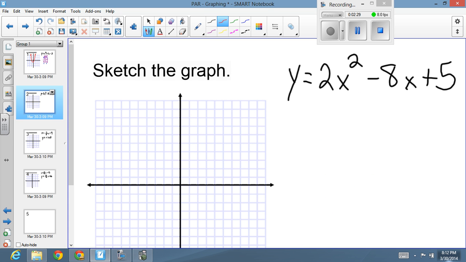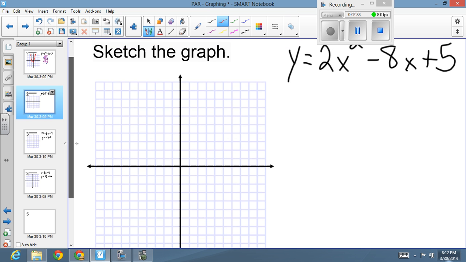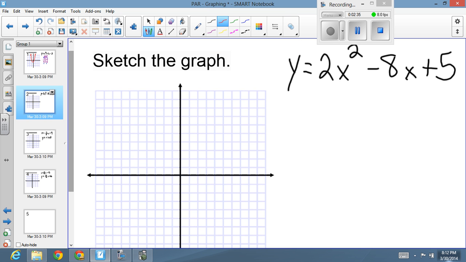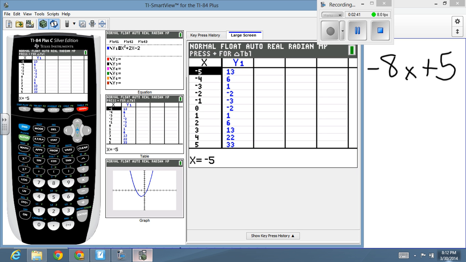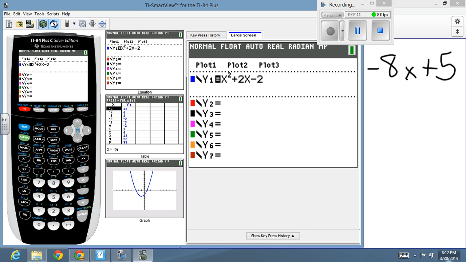Okay, well, what if we're asked to sketch one that is a little different than the last one? It's got a lead coefficient that's not 1. 2x squared minus 8x plus 5. I go back to my graphing calculator. Y equals. I'm going to insert.